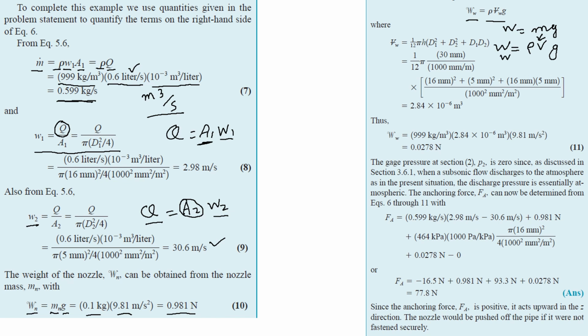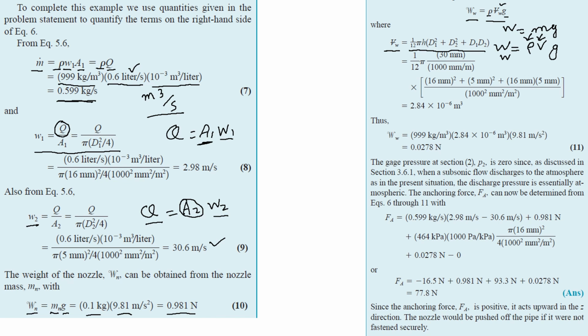Here mass is being represented as density into volume. So we know the density of water, we can multiply it by 9.8, but we need to find the volume of water in this nozzle. So this is the volume formula that is being used to find the volume of this nozzle.